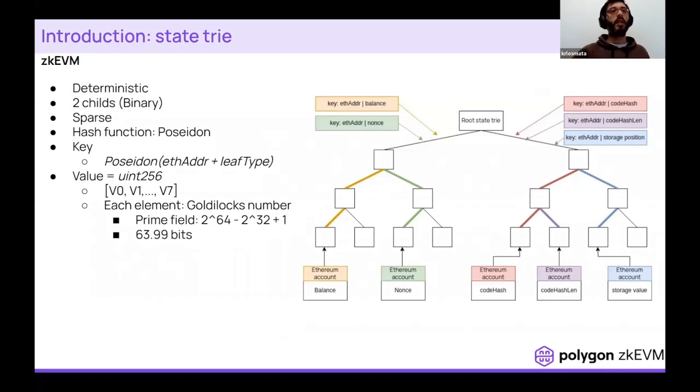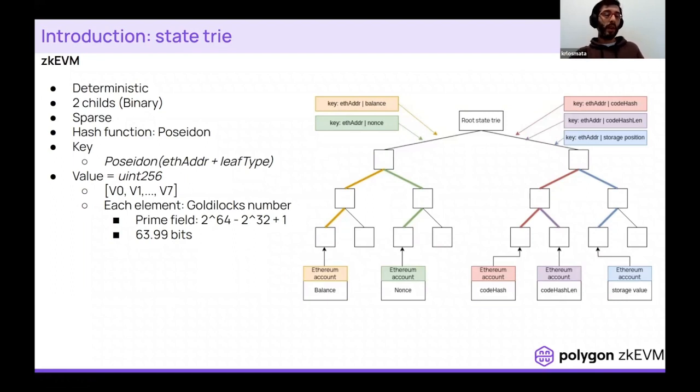Notice also that the value inside the leaf is an array of 8 values. Each value is a Goldilocks prime field number, which is basically this number here. This is very important. We will see it afterwards because of the registers of the zkAssembly that it's using.